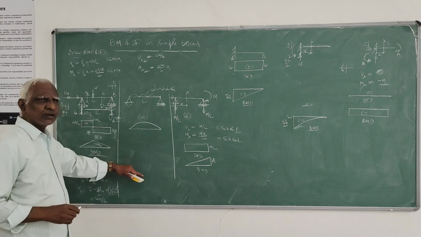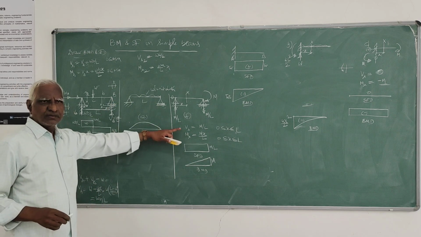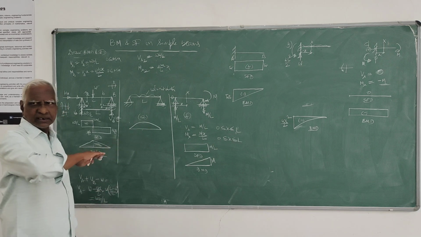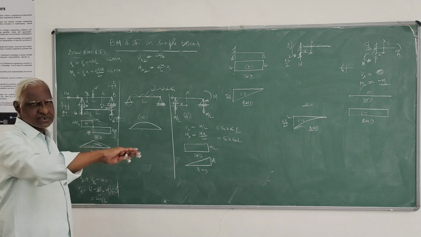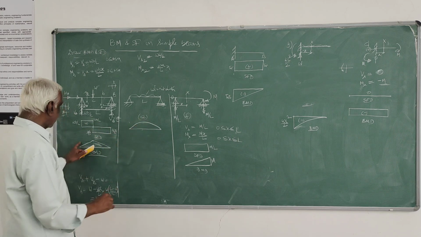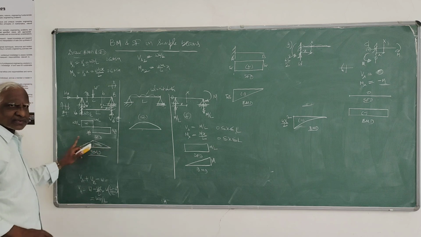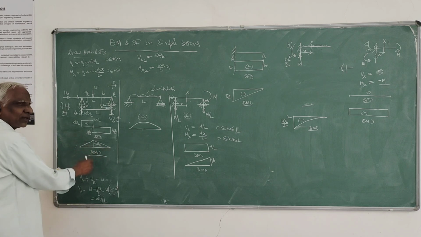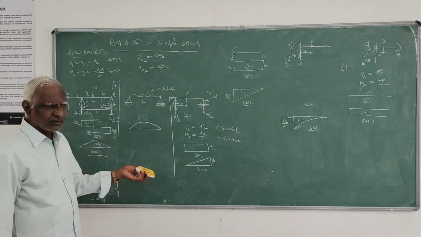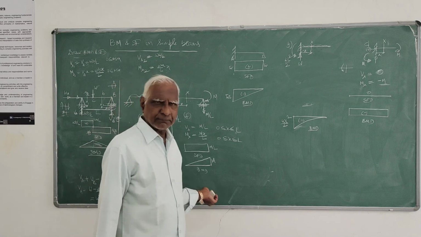Each section you have to get equation like this: Vx1, Mx1, Vx2, Mx2. Observe that equation whether it is constant form or straight line form or second degree form. Go on plotting as I did in this case, from here to here, here to here, like that. So you get result. So that we can take one or two examples and proceed.